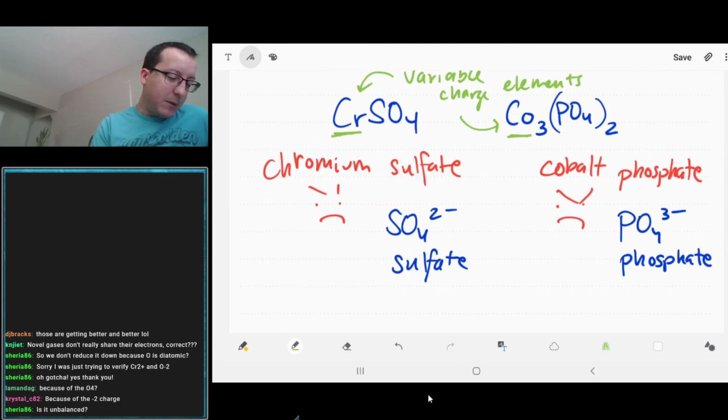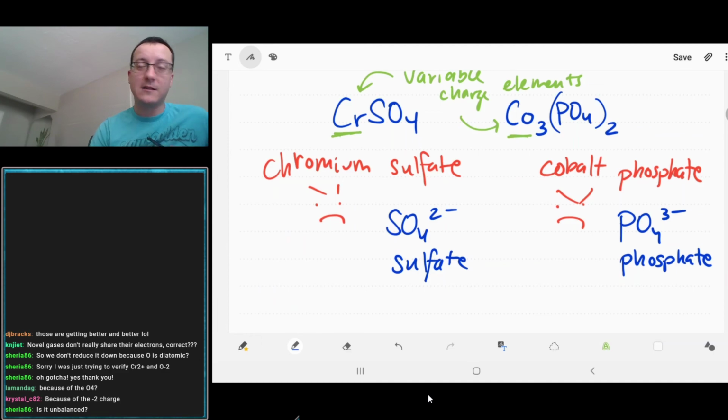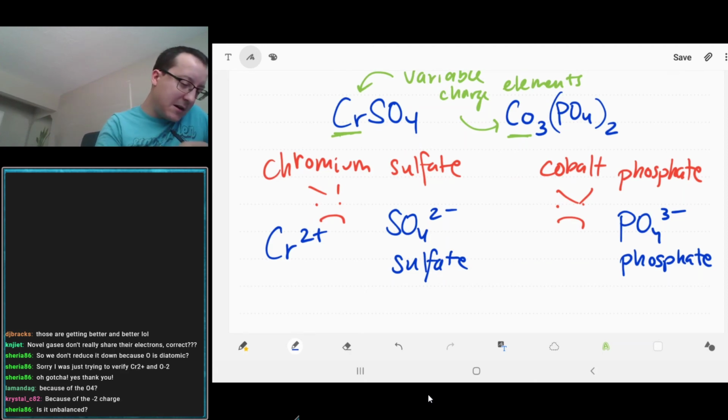So, because sulfate is SO4 2 minus, that tells us that this must be chromium 2 plus. They have to balance out, right? I have not given you any subscripts with this one, so that tells you the charges are the same. This one, remember, is chromium 2.